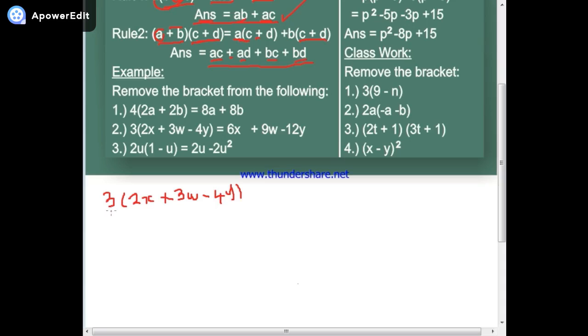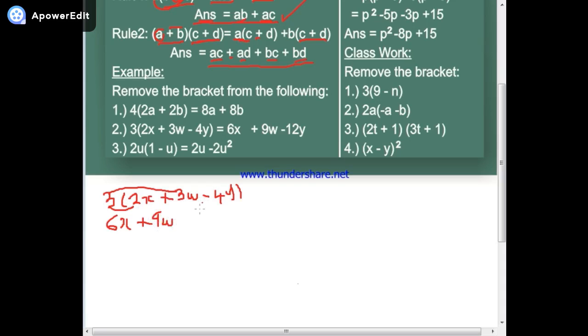So that means 3 times 2, that is 6, and 3 times x, join the x to it, plus 3 times 3, that is 9, and this w joins it again.